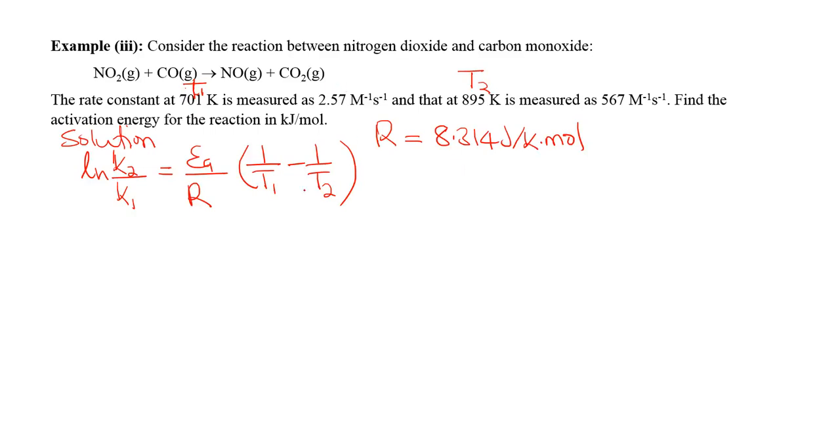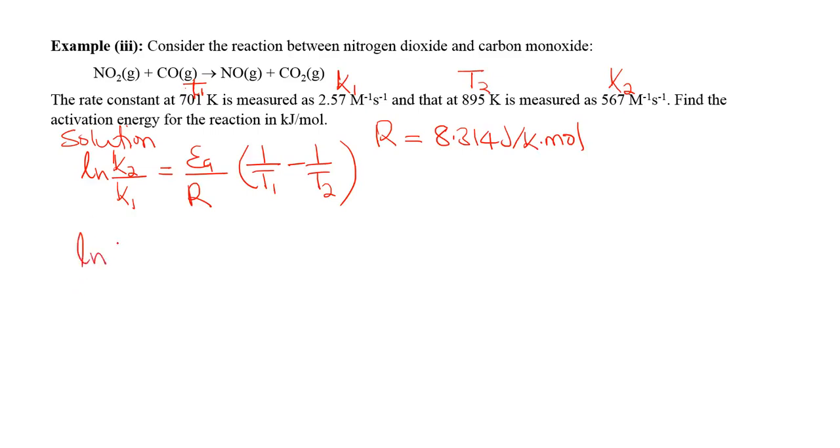We are given the rate constant K1. We are also given K2. So we have this, we have this, we have this and this. What we do not have is only this EA. So what we need is just to plug in the numbers.